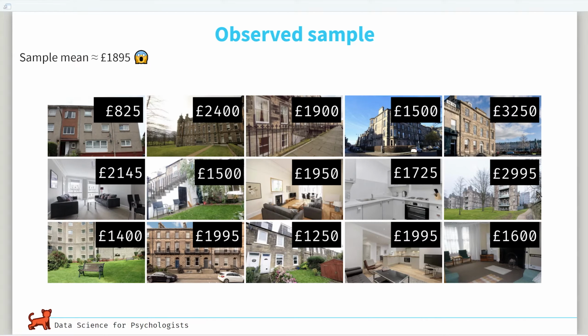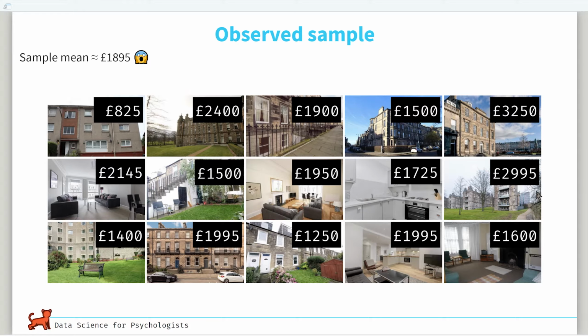The sample mean is almost 2,000 pounds, and my quick and dirty rule for converting from dollars to pounds is to double it or 1.5 it. It's a lot. And these range from what look like tiny little castles at 2,400 pounds to bigger castles at 3,000 pounds.